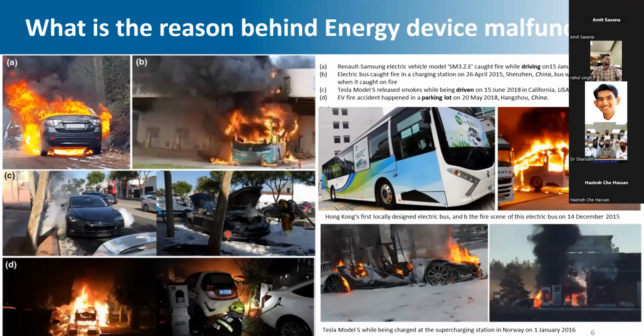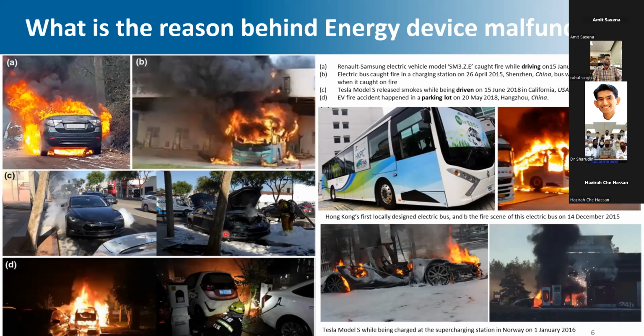And the work which we are proposing here is to make a material which can be reliable, trustworthy, and safe. In this direction we are working, and we are targeting that this type of incident can be avoided.